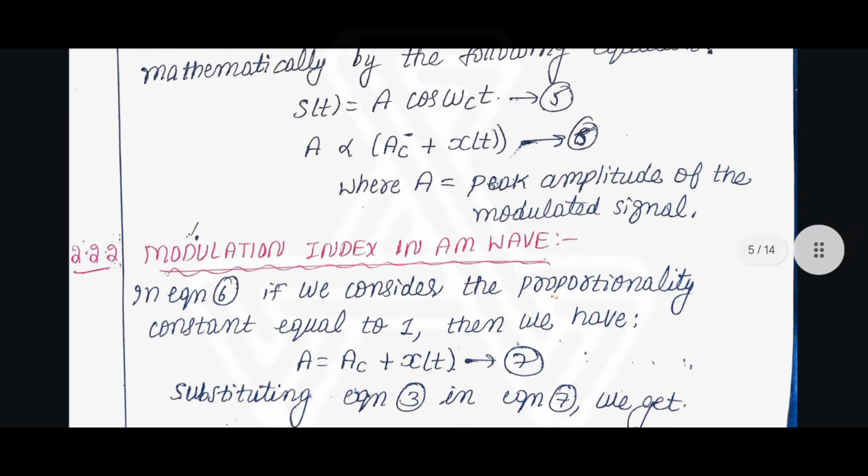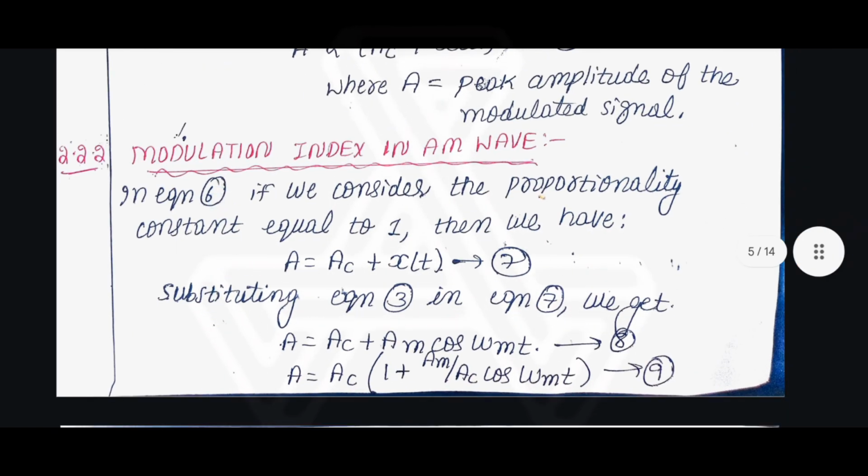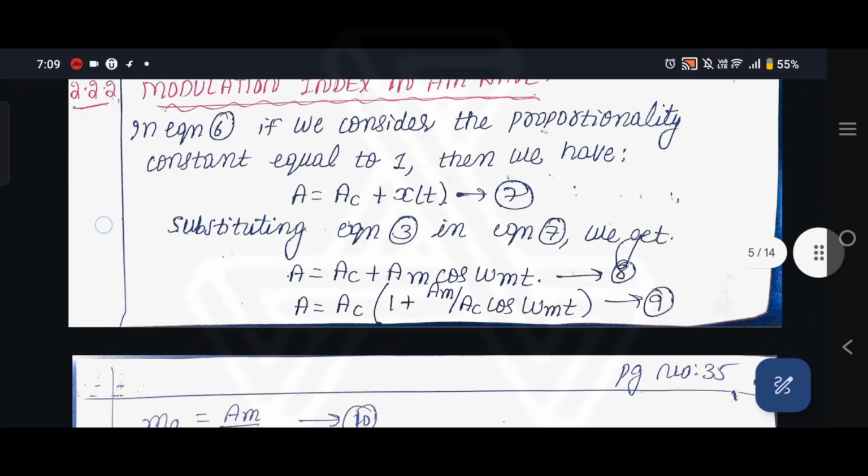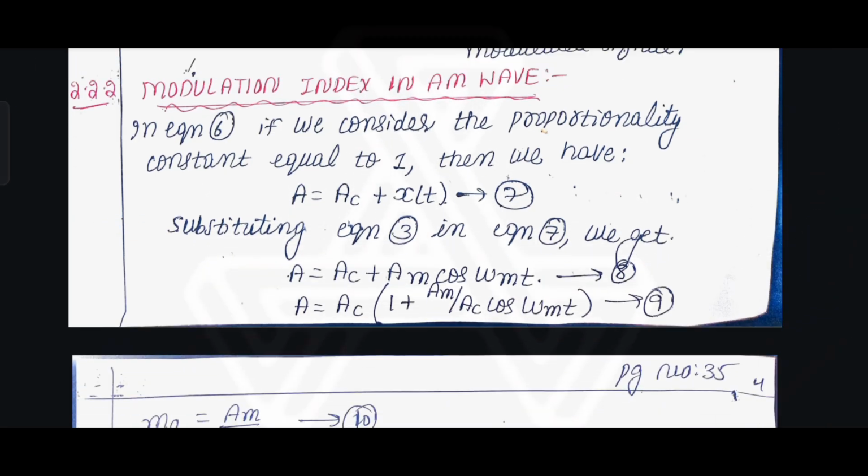Modulation index in AM wave. In equation 6, if we consider the proportionality constant equal to 1, then we have A is equal to Ac plus x of t, equation 7.